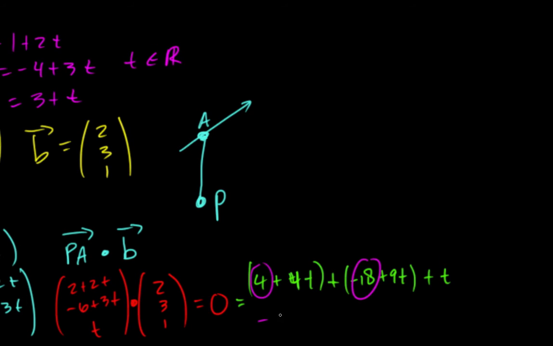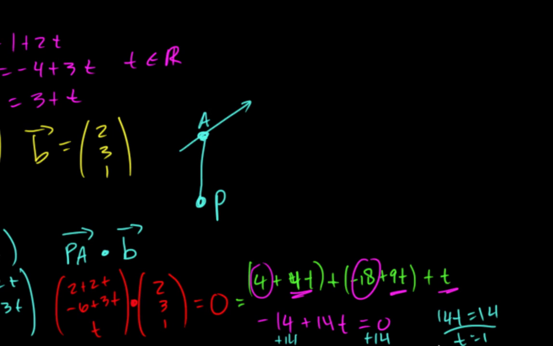So that's going to be negative 14. Combine these, that's 10, 14. Okay, add the 14 over here. So 14t equals 14, which means t equals 1.